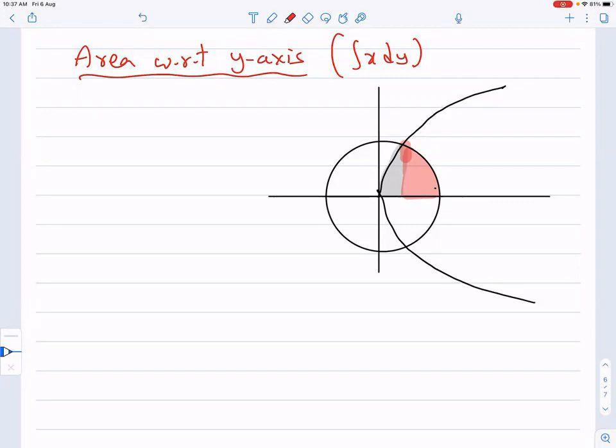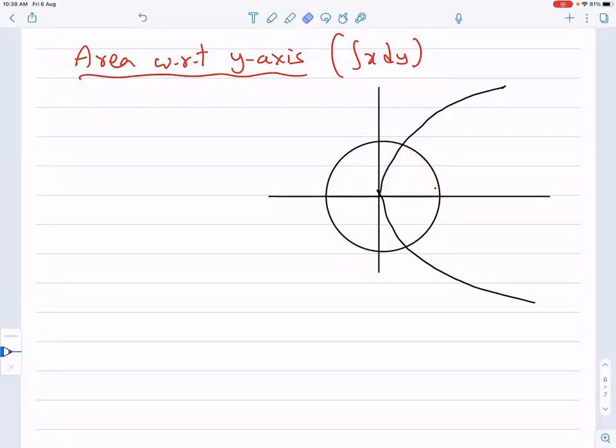That's a tedious task, because first you need to solve it anyhow. Some part of it is obvious even if you integrate with respect to y-axis. But when it comes to integration with respect to y-axis, this is kind of a single integral.